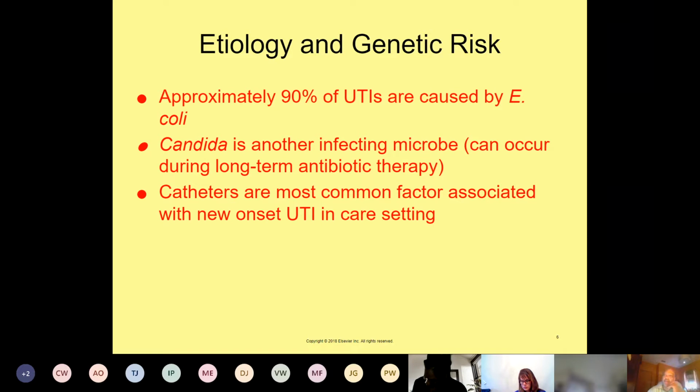So remember, we as humans already have a certain amount of bacteria that is kept in check by our immune system. And of course, when these patients take these antibiotics, that environment is altered, and therefore these patients become susceptible to developing these fungal candida type infections. All right.